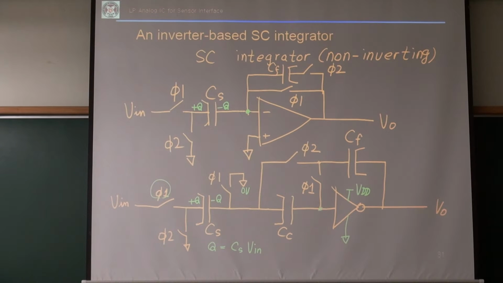So how about this voltage? During phi 1 this is 0, and I have a negative feedback through CF, so this goes to the logic threshold voltage of the inverter. The VO-VI curve of this inverter is something like that.